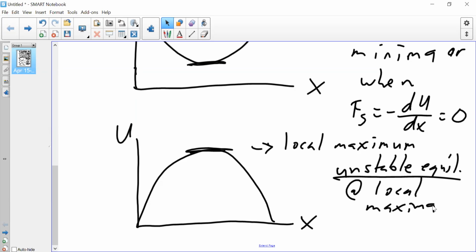So a car goes up a hill and then it just goes the other way. It's only in equilibrium very temporarily. It's not going to stay. It's unstable. Or also when Fx equals negative du dx equals 0.